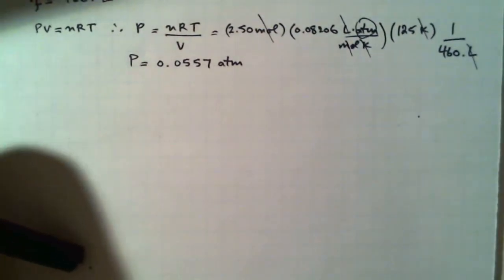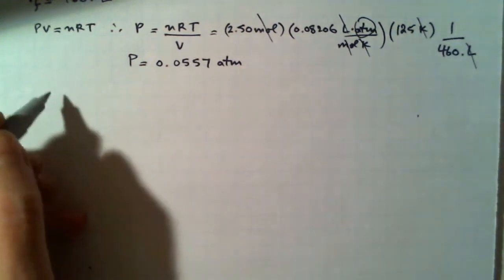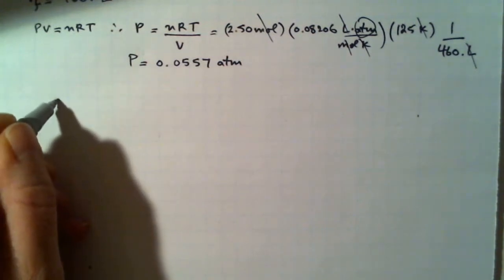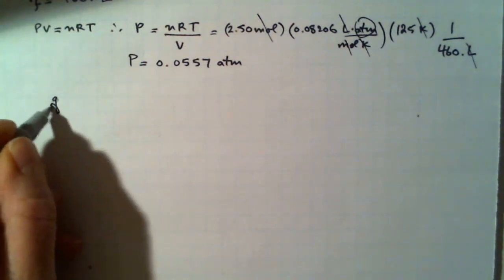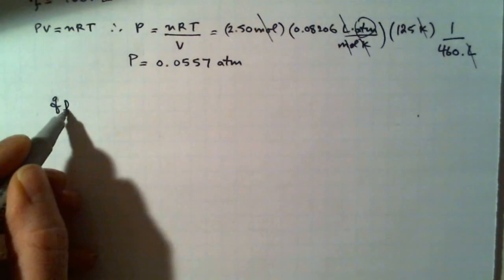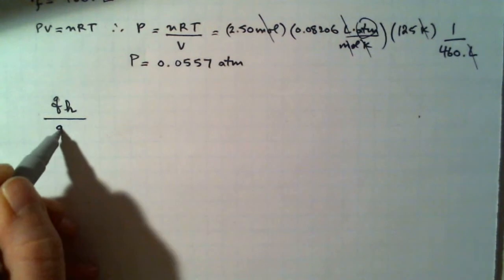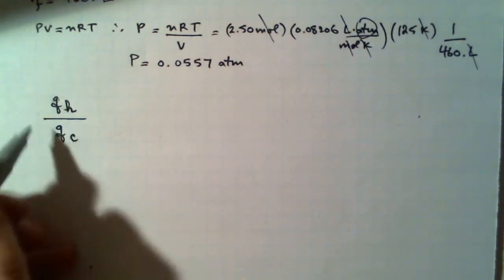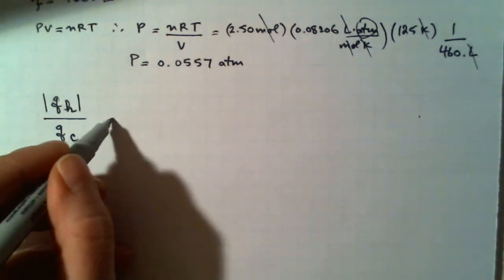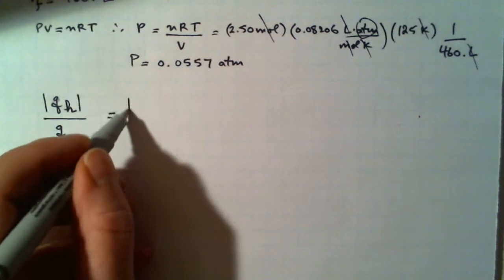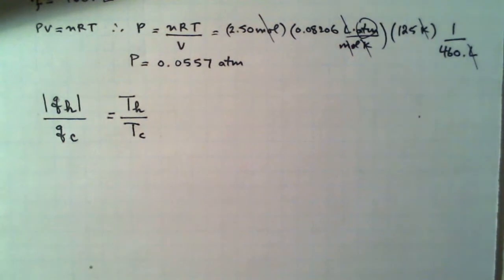And that relationship is that for a Carnot engine cycle, Q hot, or some books call it Q high, over Q cold, and I'm going to take the absolute value because I don't want to get messed up with signs, is actually the same as the T hot over T cold.